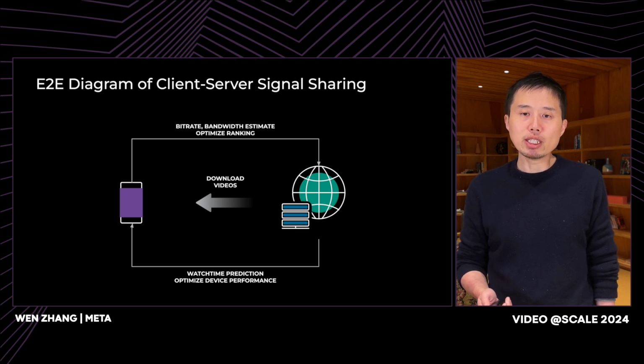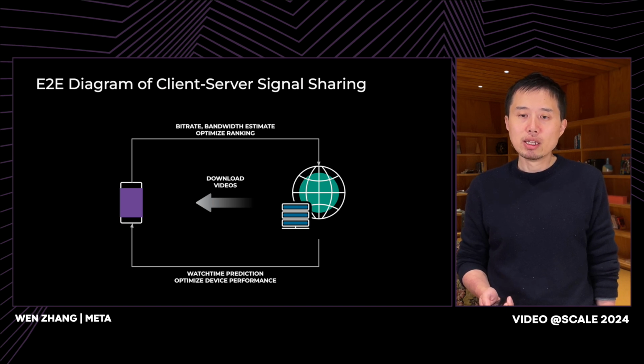Besides bandwidth estimation and stalls, there are more signals that can potentially be helpful. For example, the device's available memory size, thermal state signals, and app crash signals can all be used to measure the real-time capability of the device and inform the ranking system.